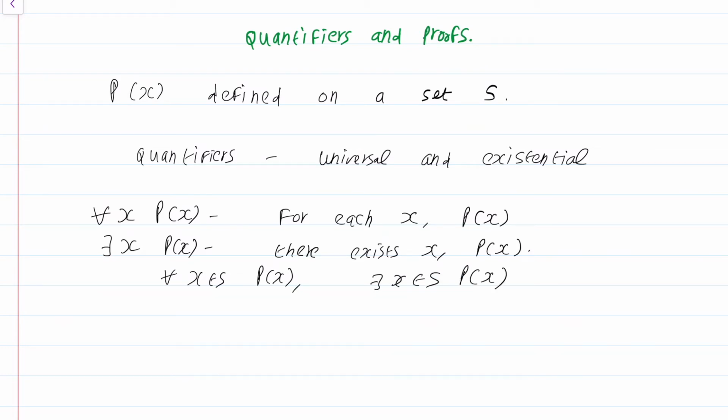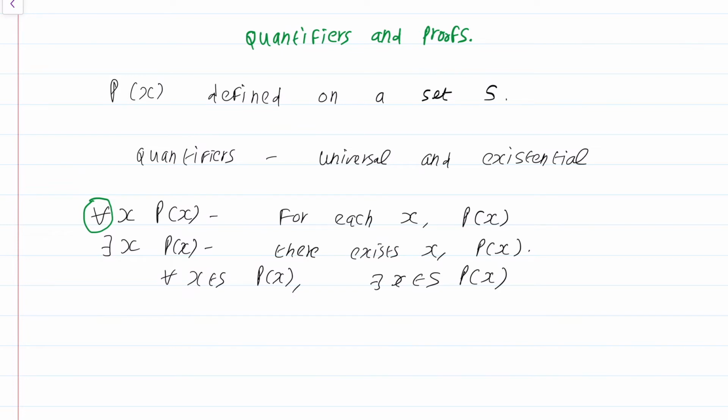So, let me make a general remark that will help in proofs. This universal quantifier can be read in two ways: for all, for each. Both actually mean the same thing, but I recommend the for each reading of this symbol, because for all gives the impression that you are substituting the entire set S all at once in the place of x, whereas for each x gives the more correct impression that you are taking a particular element of S one at a time and substituting it in the variable place.